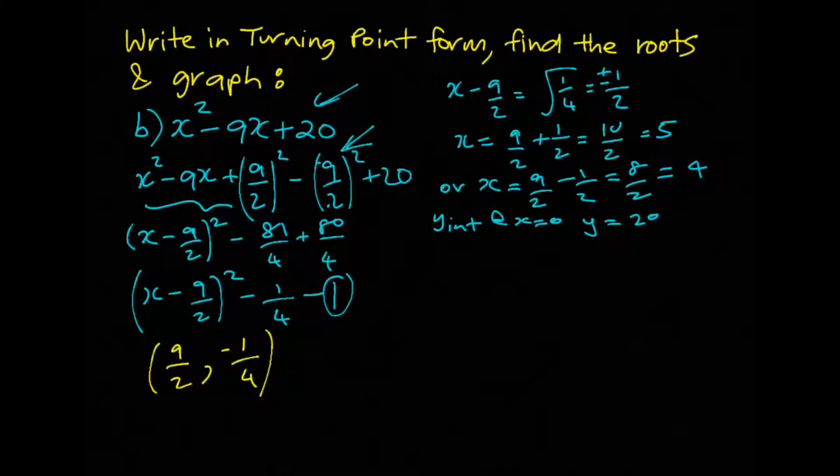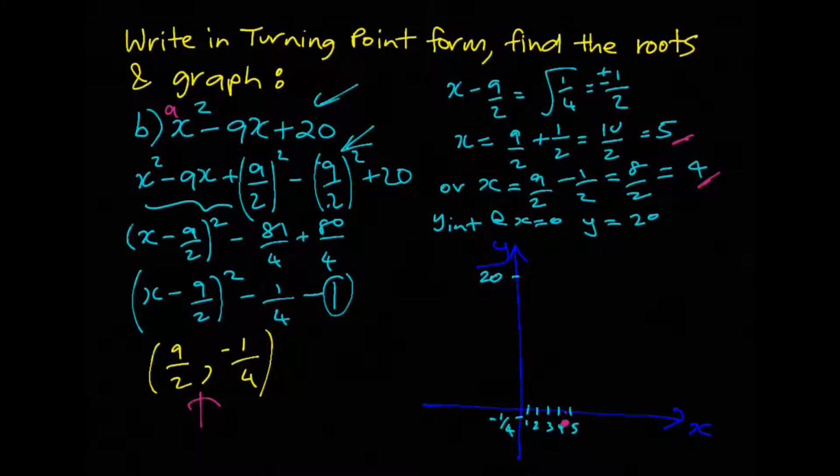And lastly, let's look at the coefficient in front of the x squared, which is a. It's a positive 1, which means the shape is going to be like that, not like that. Okay, let's graph it now. So this is 4.5 in the x and -1/4 in the y. So that is this point here. Then the x-intercepts are 5 and 4.